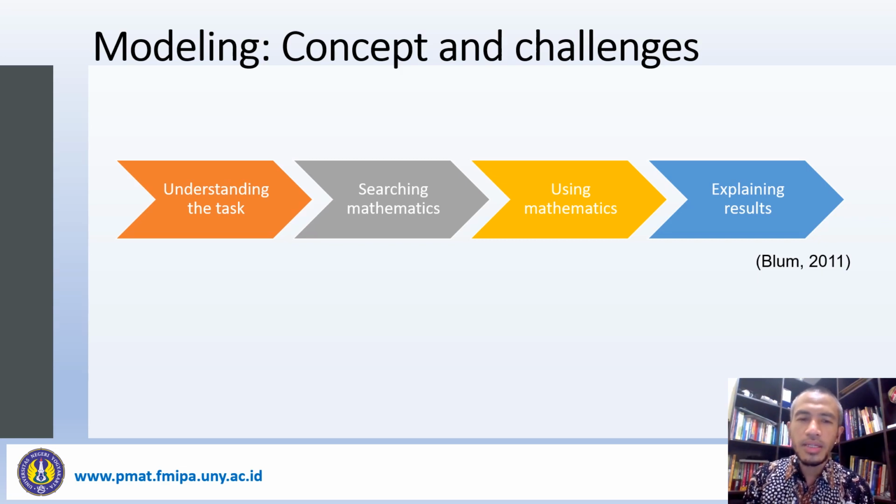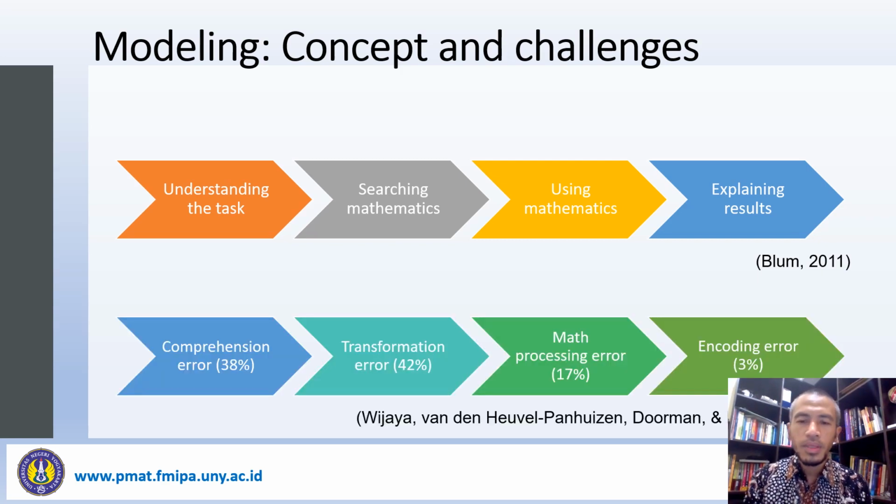In line with the idea of these 4 steps of modeling proposed by Blum, I and my colleagues a decade ago conducted a research on identifying Indonesian students' difficulties in solving real-world problems. We identified 4 types of errors, that is comprehension error, which is the error in comprehending the task or understanding the task.